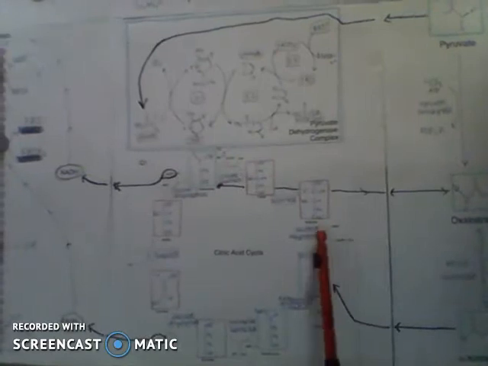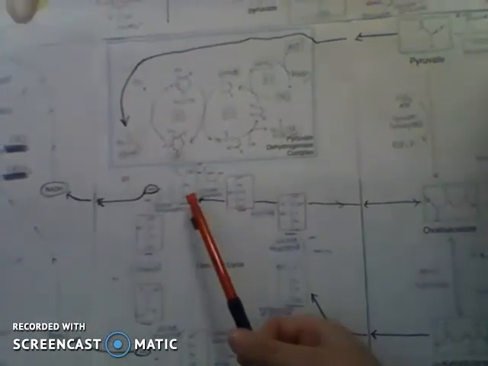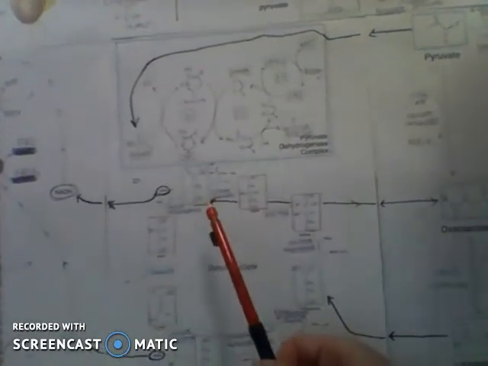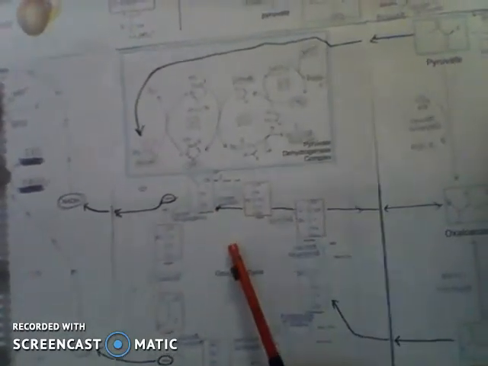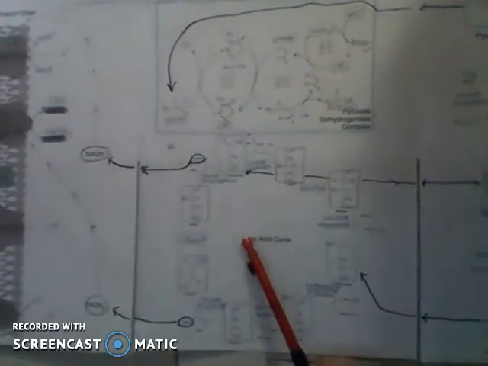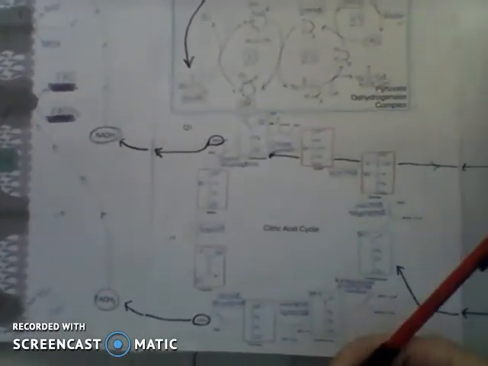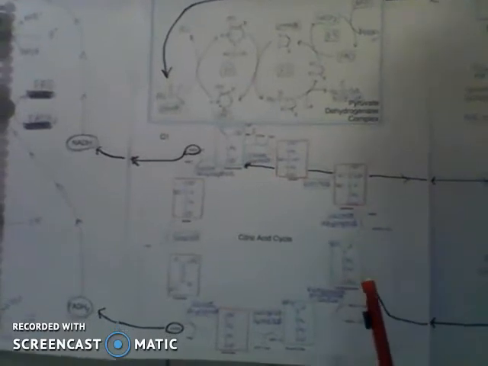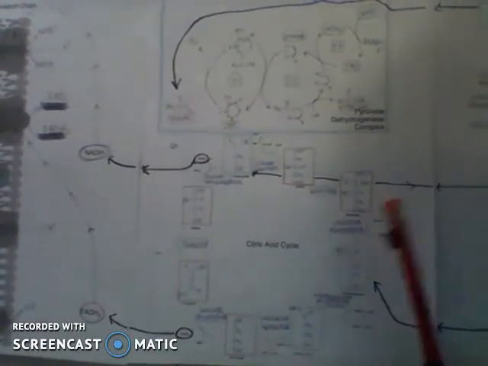We are going to produce the oxalacetate, and during this whole process, we're going to produce 20 ATP molecules. This happens in a combination of the conversion of FADH2 and NADH. They'll convert to ATP molecules, as well as 2 ATP molecules being produced, which you see right down here.